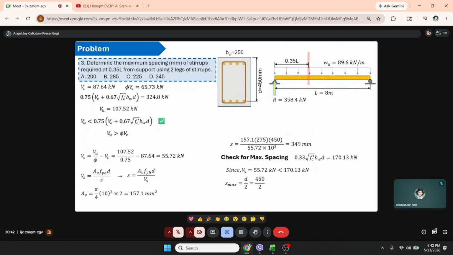So ang 225 mas gamay sa 600, so ang S max nimo kay 225. And i-compare nimo sa actual na na-solve. So this time, mas gamay ang S max, so choose smaller. So S is 225 mm. So permi jud ta mag-check sa max spacing. Kay if ever diri ra ta taman, wala ta kabalo na mas gamay pa man diay ang S max. So sayang kay ang 1 point.